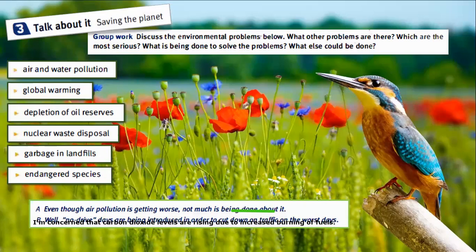Discuss environmental problems below. Here we have 6 different problems about the environment. What other problems are there? Which of these problems do you think are the most serious? What is being done to solve the problems? Let's talk about our country. What else could be done?